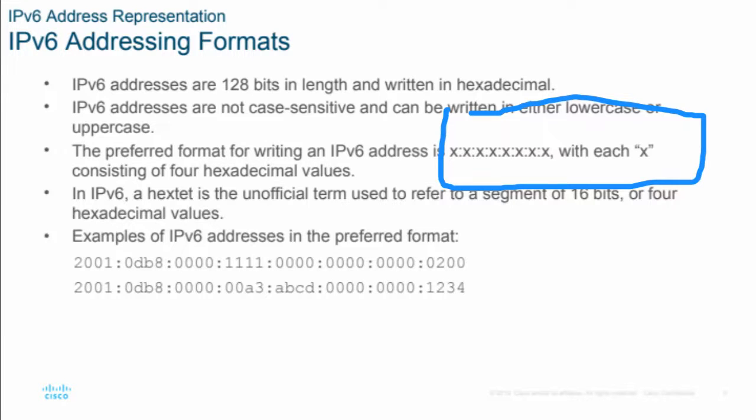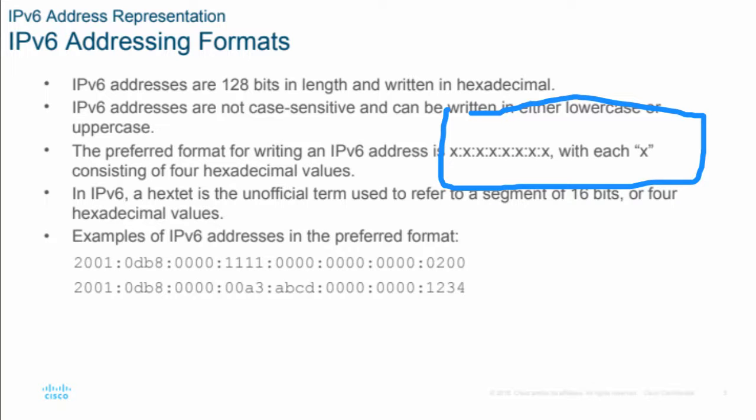So you have 4 by 4, 4 plus 4 plus 4 plus 4. Hextet is the unofficial term used to refer to a segment of 16 bits or 4 hexadecimal values. Each part here, they call it hextet.